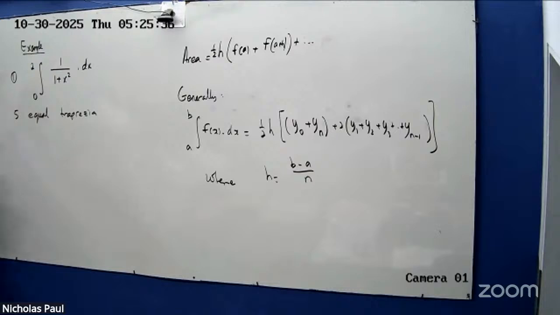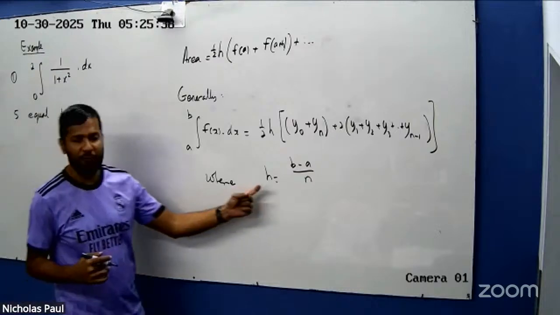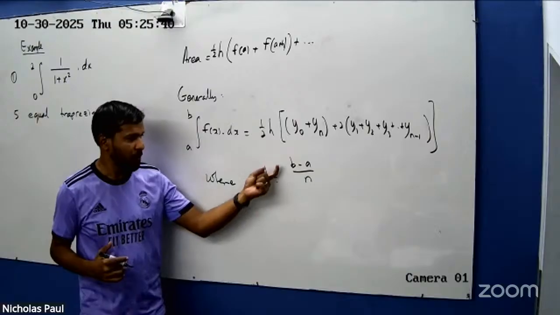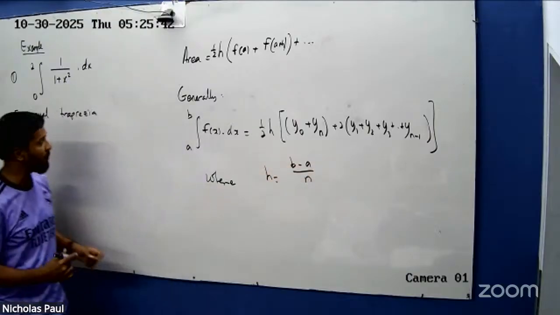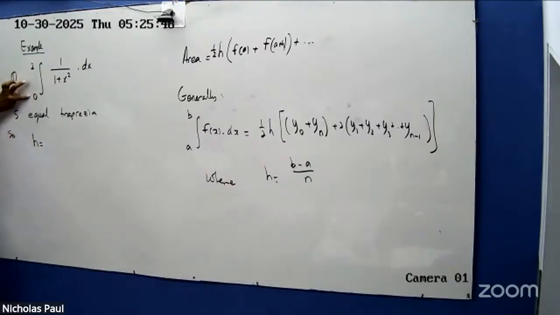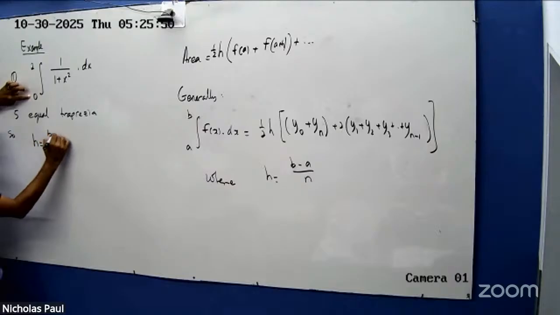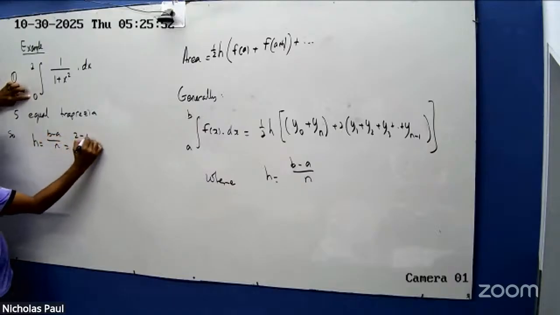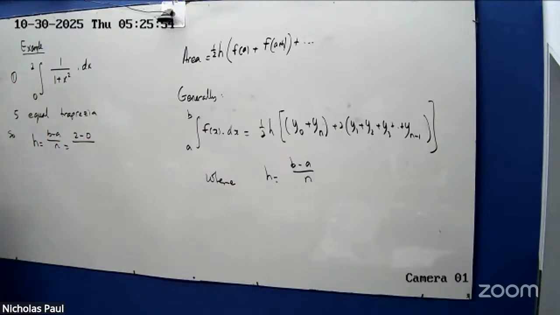So before we start, let's see if we can figure out what h is. You all figure out what a and b are? a and b is what? 2 and 0. Right? h is (b - a) over n. So we know what a and b are. n is what? That'll be 5 equal, right?